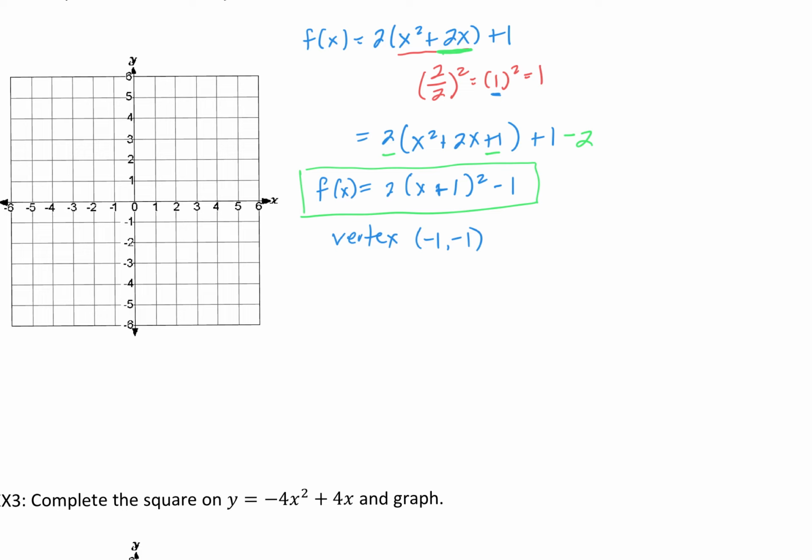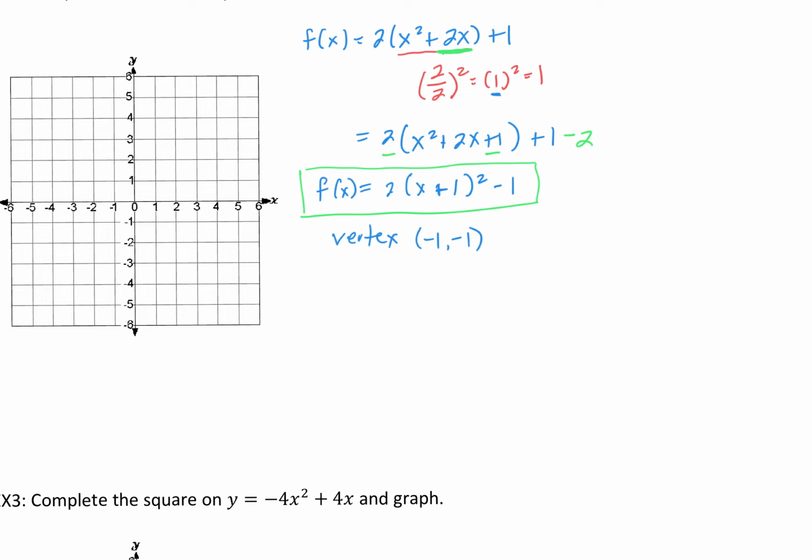So if I put in -1 for x, -1 plus 1, that's 0. Another way to look at it is as a transformation. Now remember that whenever we do something to the x, it's kind of opposite of what we think we need to do. So if it's a +1, that would be a shift left, to the negative. So if it's a +1, you do the opposite, you do a -1.